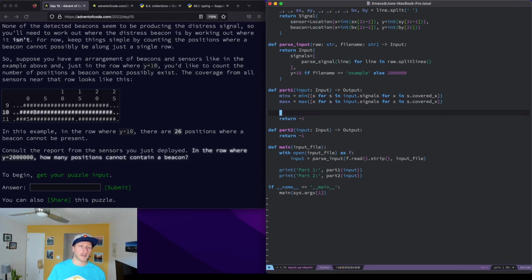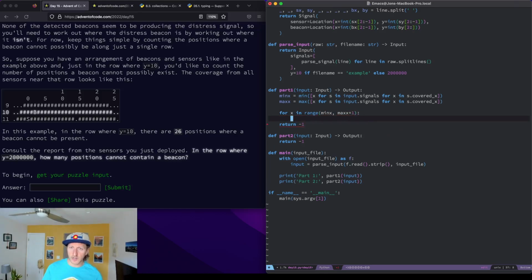So basically return range of min x to max x plus 1 dot filter, or we'll do sum of 1 for x in range min x to max x plus 1.